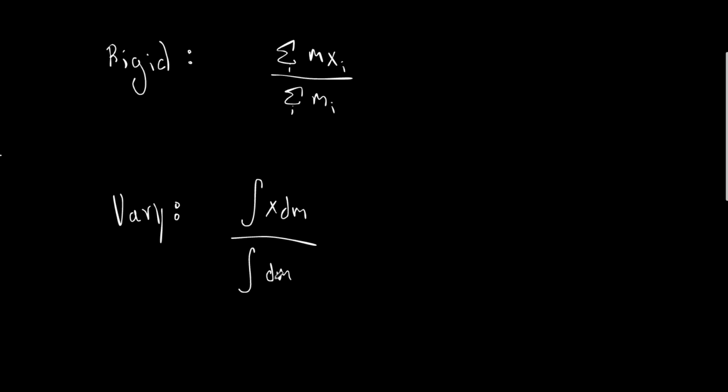To get more into rigid objects, let's look at an example. This may look a bit weird because you've likely never seen an object just like this. But assuming that this is a realistic object that exists out there in the world, we place it on a coordinate plane so that we can find the position much more easily. Now, let's attach some masses onto this object for the sake of this problem.